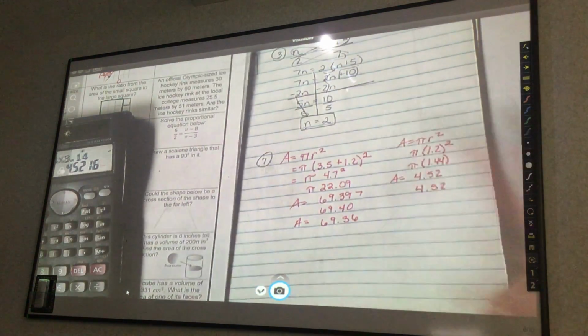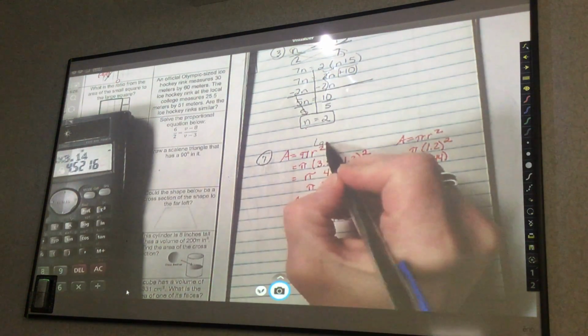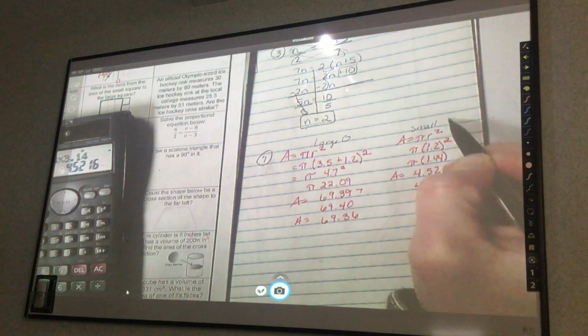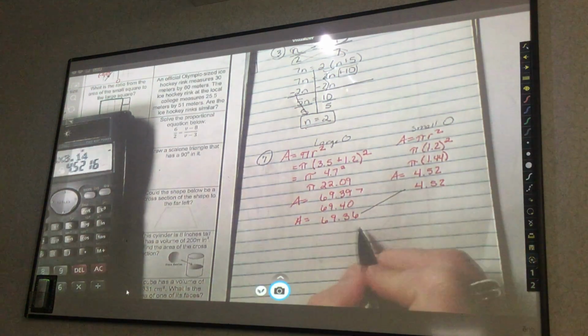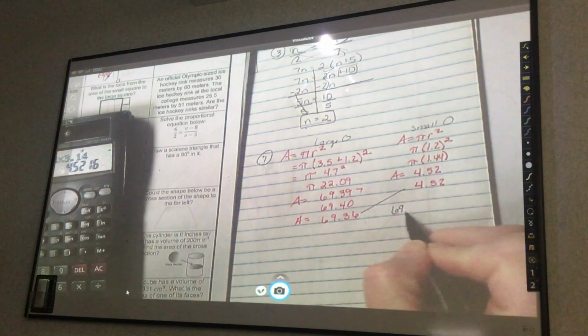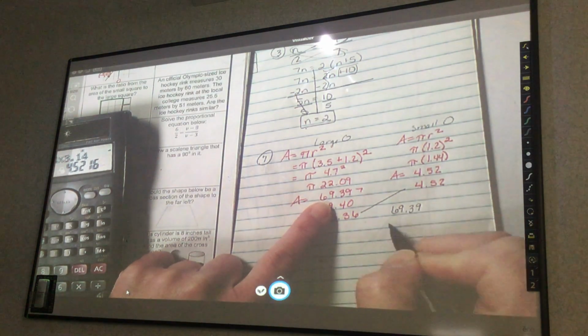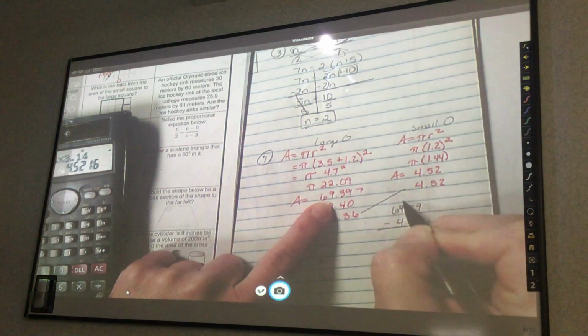So now I have the area of the large circle and the area of the small circle. So what am I gonna do to these two numbers? Subtract. So I've got 69 point, I'm gonna go with this top one, with the pi button. 39 minus 4.52.